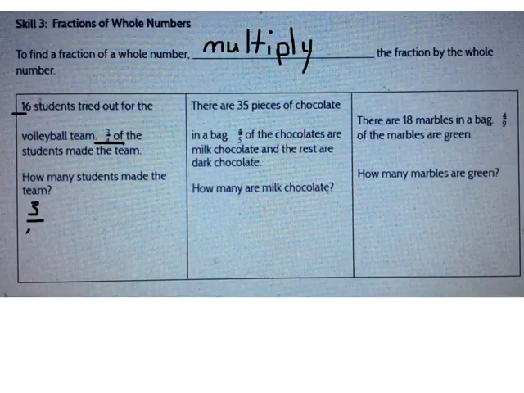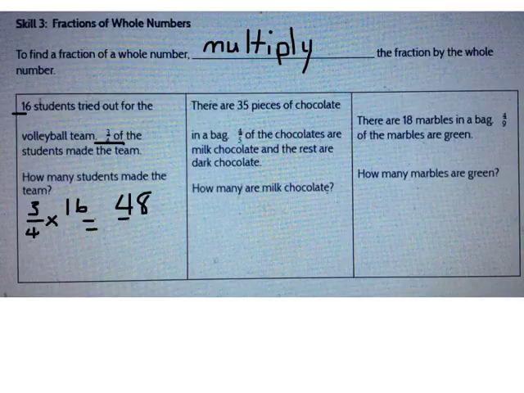That's the same as multiplying 3/4 times 16. When I multiply 3/4 times 16, what's the result as an improper fraction? It's 48 over 4. 16 times 3 is 48, and the denominator stays the same.